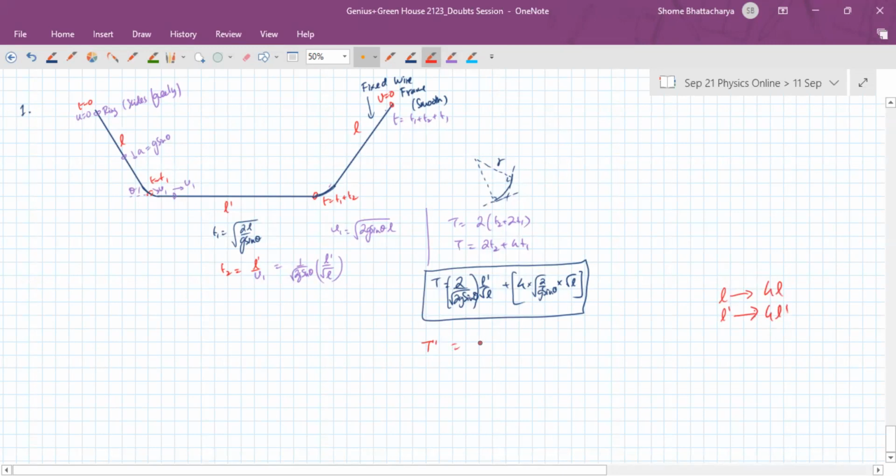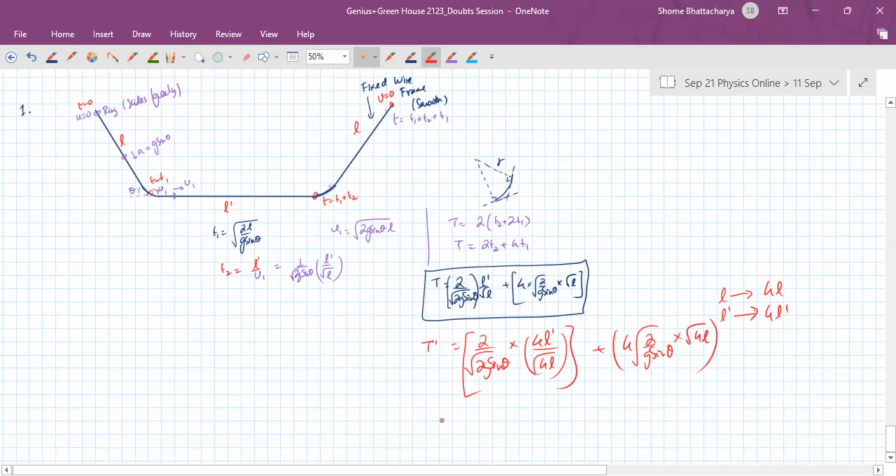So the new time will become 2 times upon square root of 2G sine theta, into L prime, which is replaced with 4L prime divided by root 4L, plus the same thing but into root of 4L.